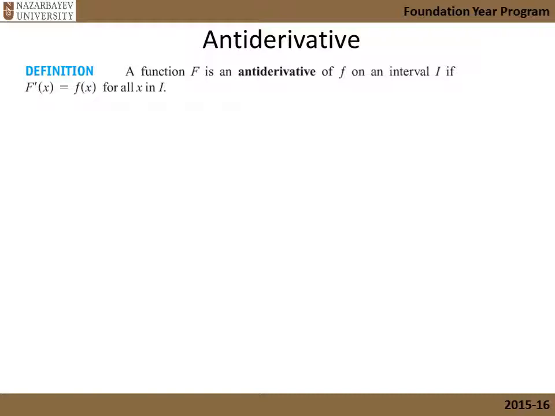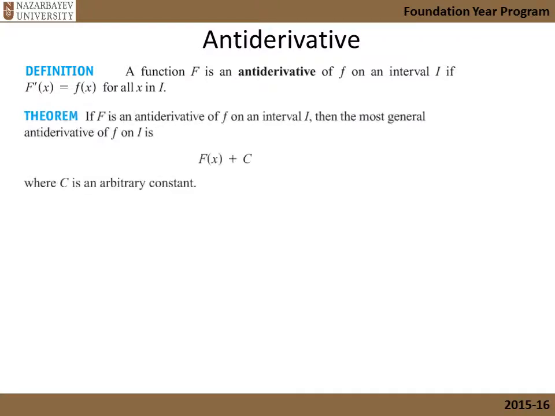A function F capital is an antiderivative for the function f small on the interval I if the derivative of our first function, F prime of x, is equal to our second function, f small of x, for all x in this interval I. And also we need to use the following theorem.